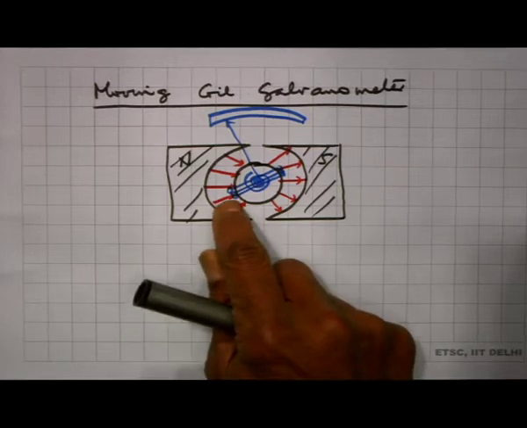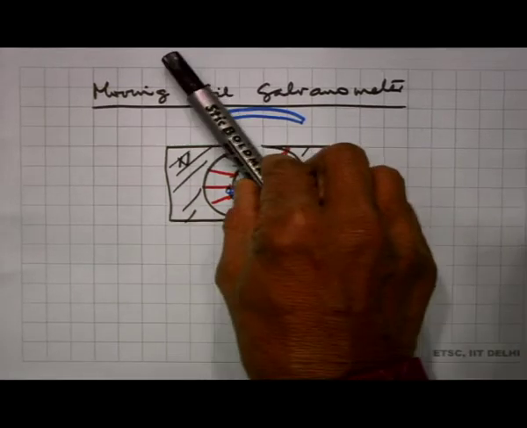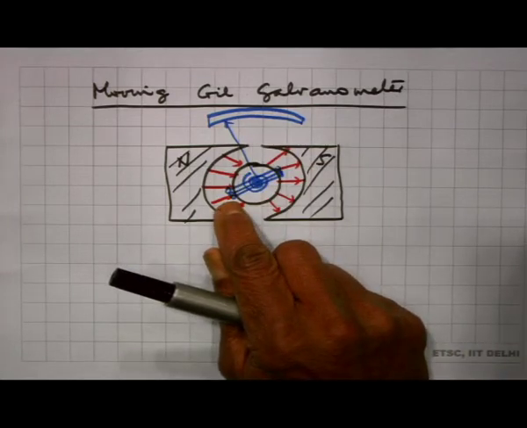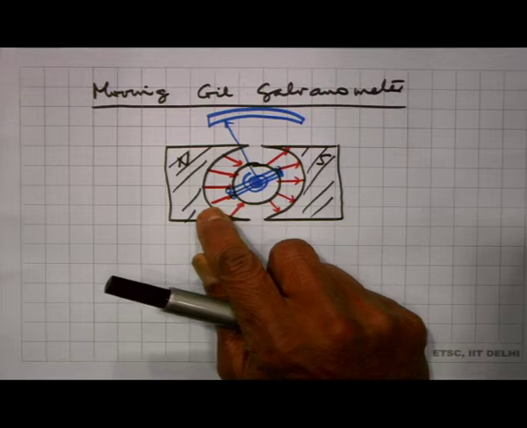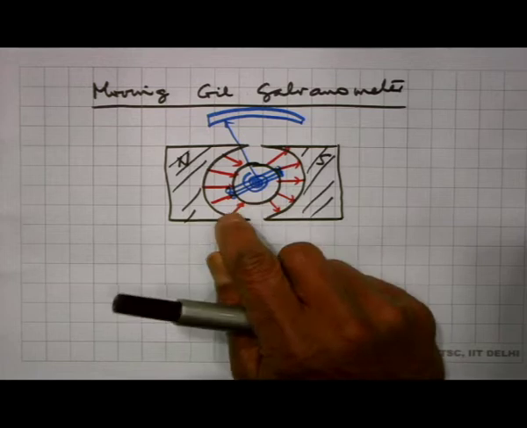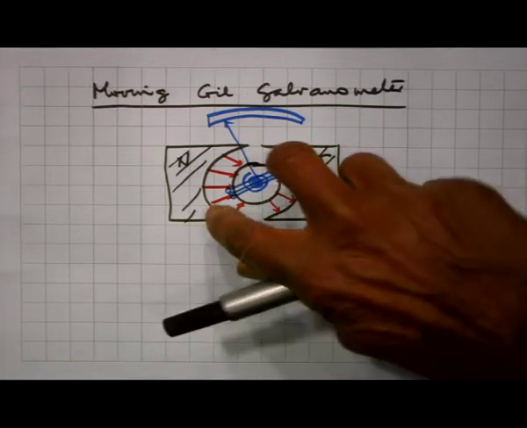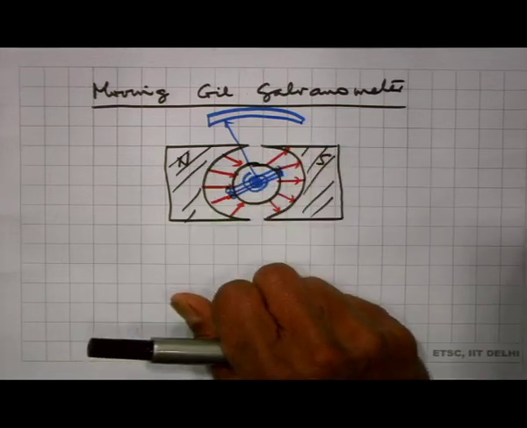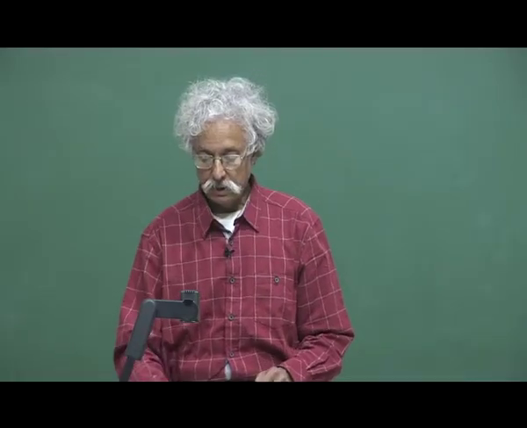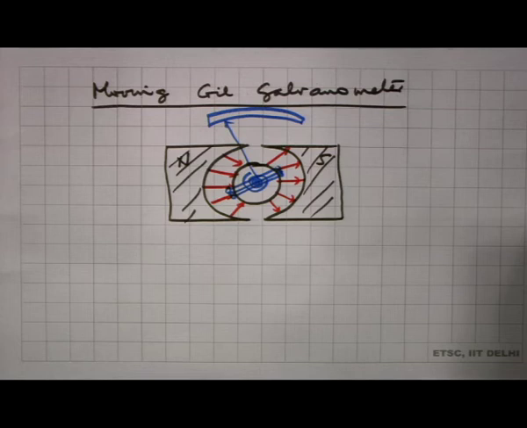So, when you pass a current through the coil, the needle here will rotate because the coil is acted upon by a torque from the external magnetic field applied by the permanent magnets, and the spring gives a restoring force, so the coil rotates up to a certain angle when the two become equal and opposite, and the pointer stops at that point, and that gives me an indication of the current that is passing through the coil.